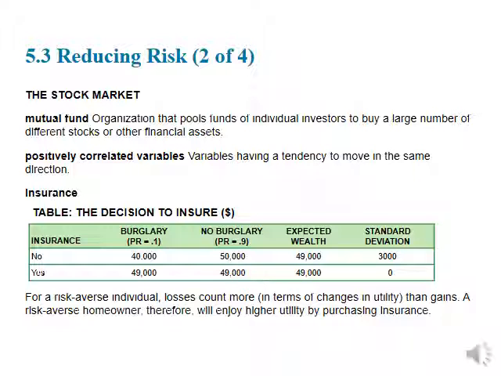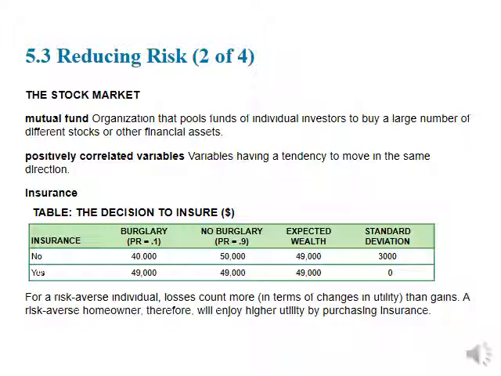Now, some stocks hit it big and some stocks go broke, but when you invest in a mutual fund rather than an individual stock, you get the benefit of being invested across the market. And stocks on the whole are positively correlated, which is when the market is doing well, stocks in general tend to do well. So a mutual fund takes advantage of positively correlated variables, as opposed to the salesperson on the last slide who took advantage of negatively correlated variables.